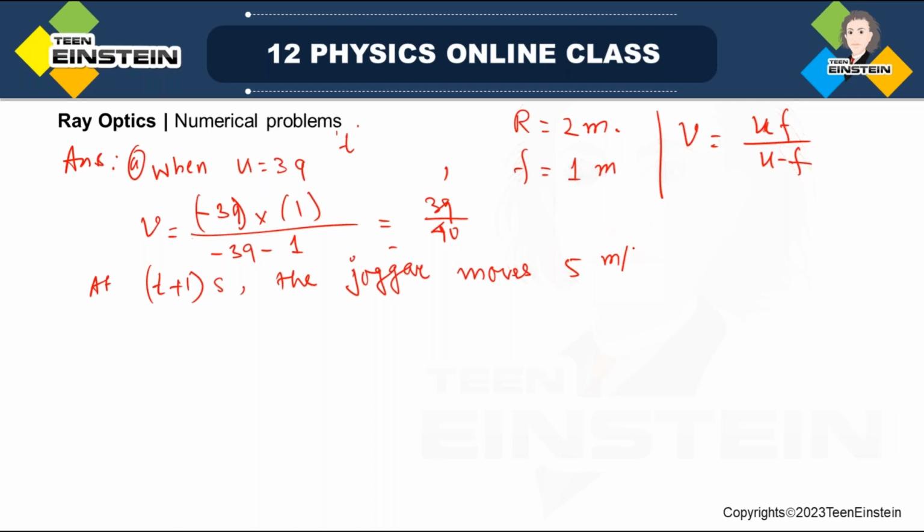In 1 second, he will move 5 meter towards the mirror. Towards the mirror. I hope you agree with me.